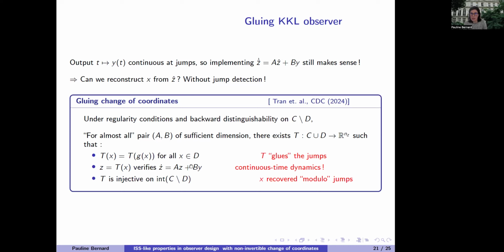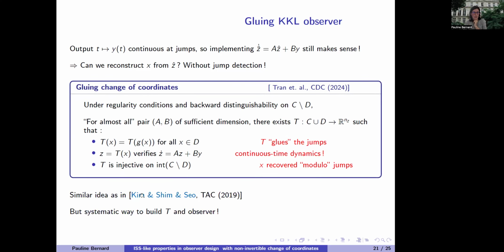And more importantly, if you are distinguishable outside of the jumps, you can show that T is injective everywhere except on the jump surface. So as long as you're outside, you're injective, so you can uniquely reconstruct your X hat, and it's just around the jump times that you don't know if you're before or after the jump, basically.